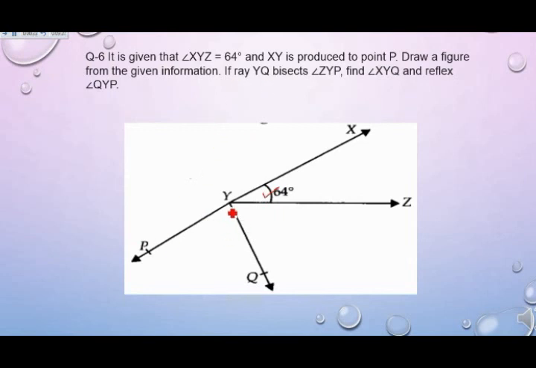Ray YQ bisects angle ZYP, so this angle is equal to this angle. This is given because YQ bisects this angle. So find angle XYQ and the reflex of angle QYP.